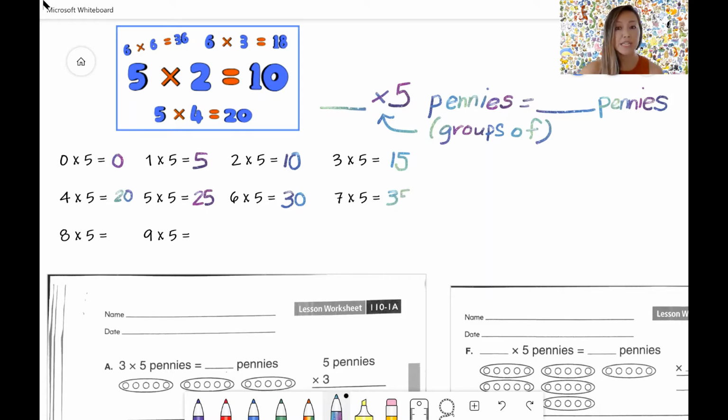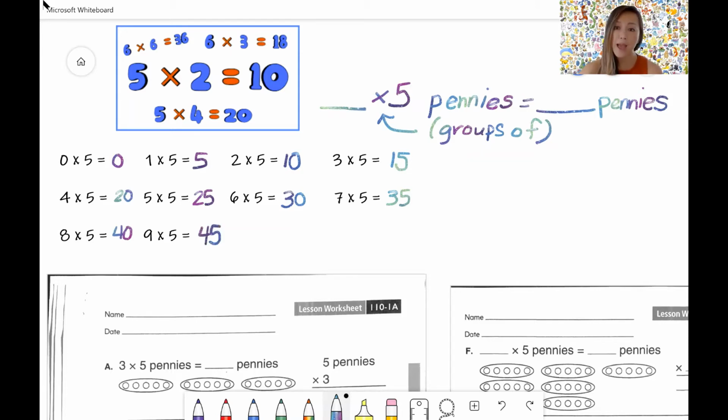If you notice, the answers are counting by what? They're counting by 5s, right? 0, 5, 10, and we count by 5s all the time at math meeting at school. 8 times 5 is 8 groups of 5, which will give you 40. 9 times 5 is 9 groups of 5, which will give you 45.